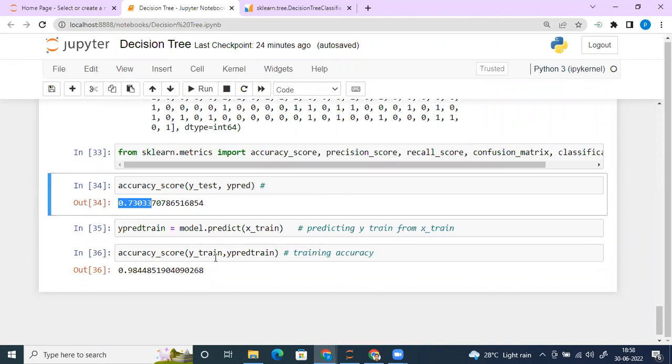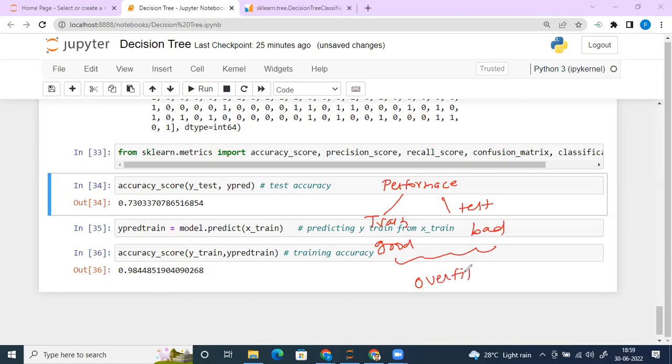When your model performs very well on the training data but not well on the test data, this is known as overfitting. Remember, this is known as overfitting. I'm repeating once again: when your model's performance is good on the training data but bad on the test data, such a model is overfitting.